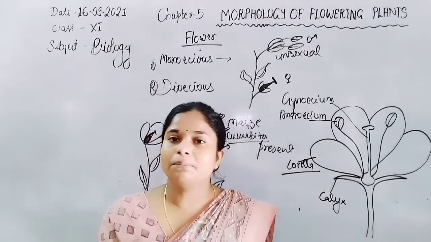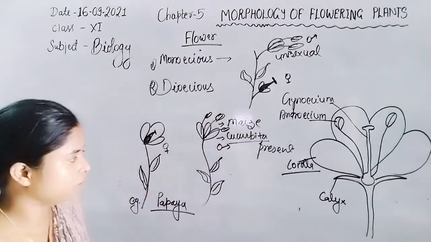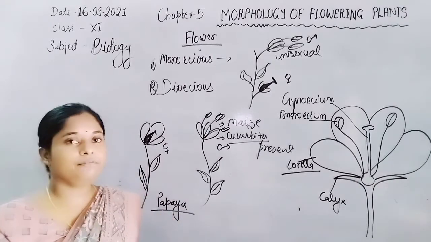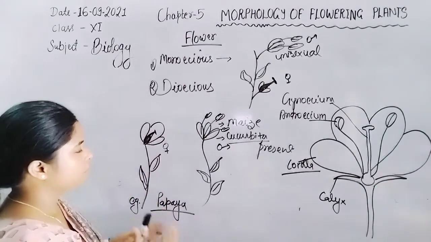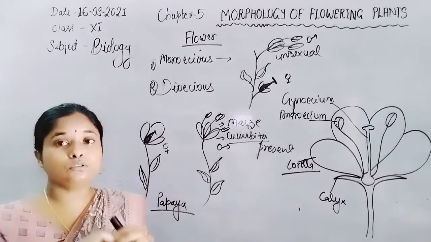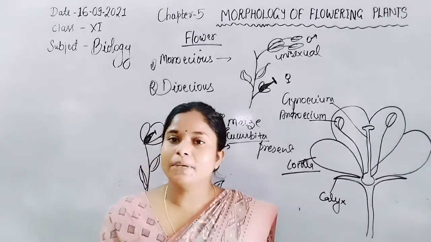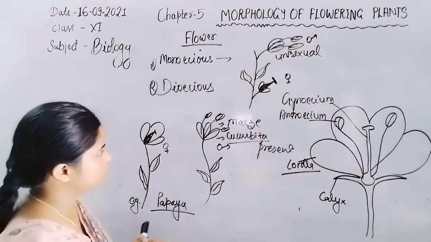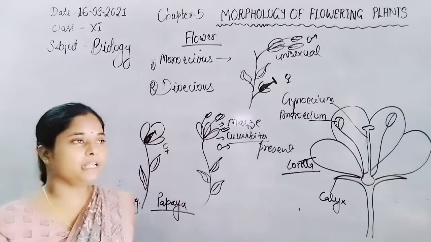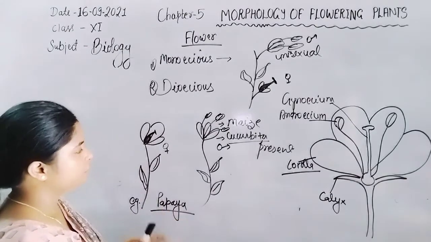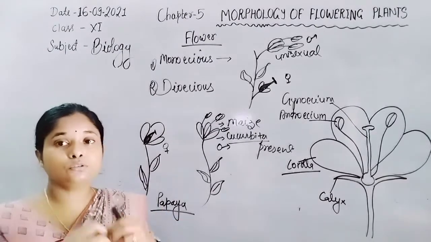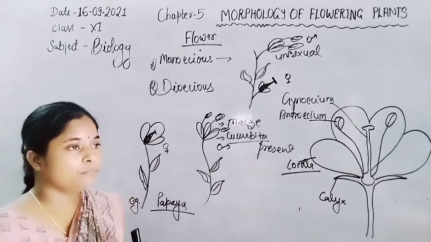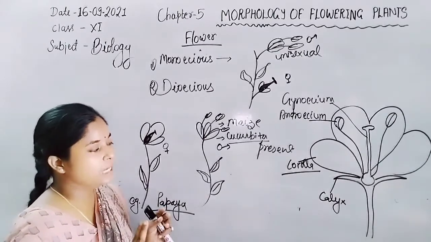Now on the basis of planes where we can divide the flower into two equal halves, and both equal halves form a mirror image, that is known as symmetry.